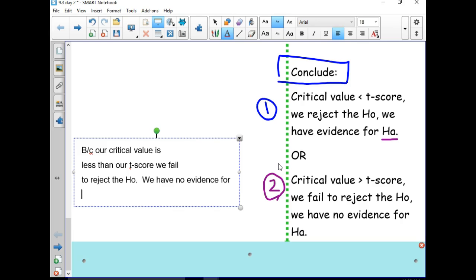We have no evidence that the true average runs for this team is different than the national average.